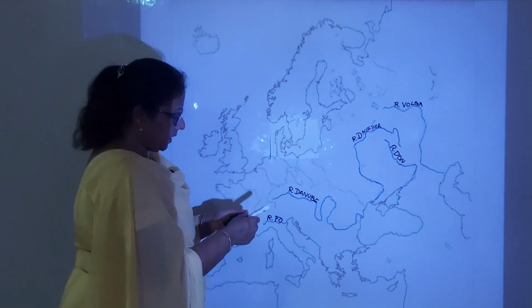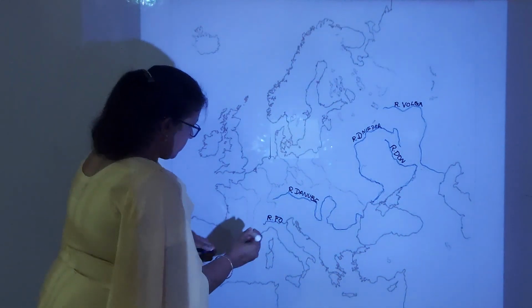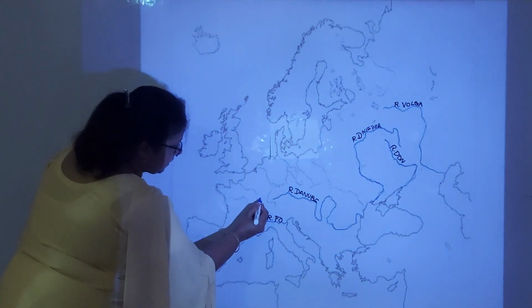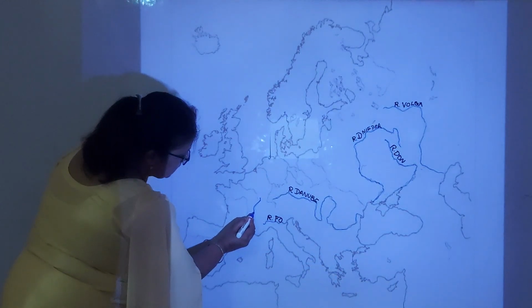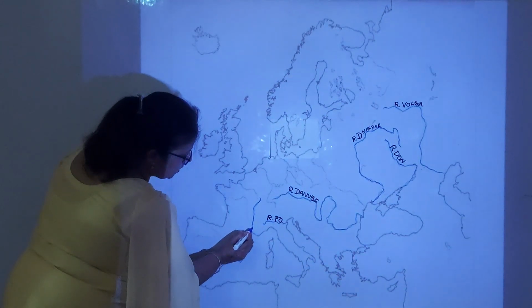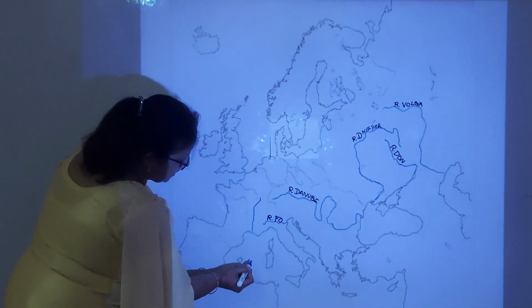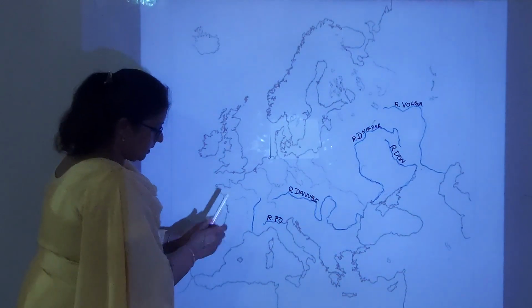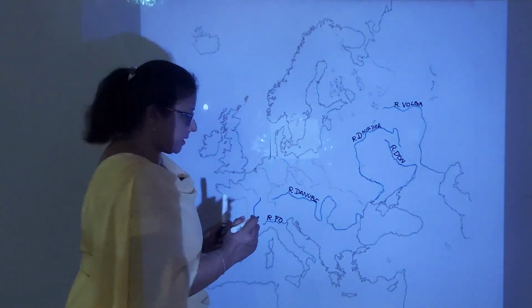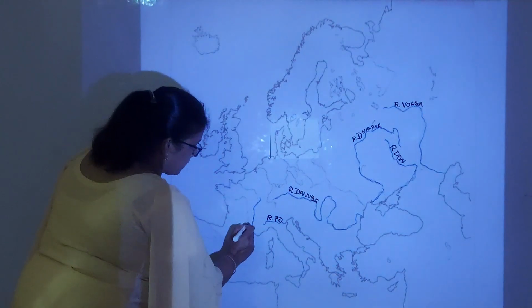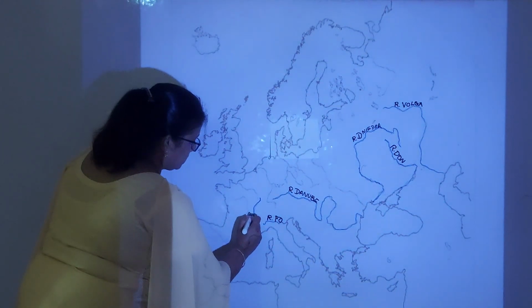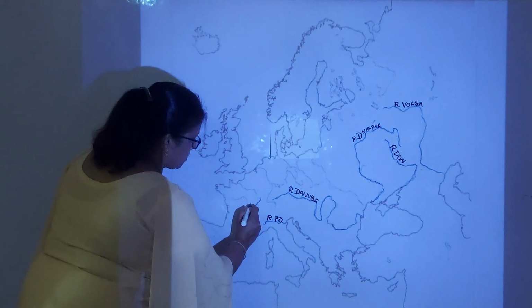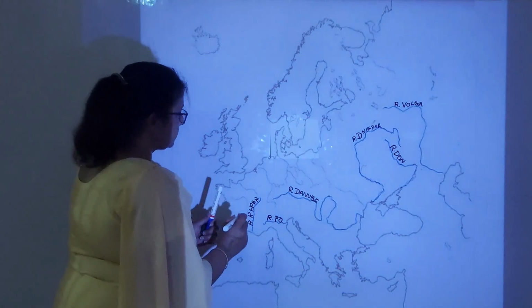Another very important river is the river Rhone. It starts from the north and moves towards the south and falls into the Mediterranean Sea. So you will write over here river Rhone, R-H-O-N-E. Fine.